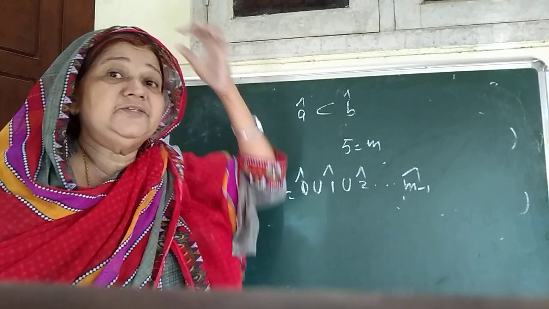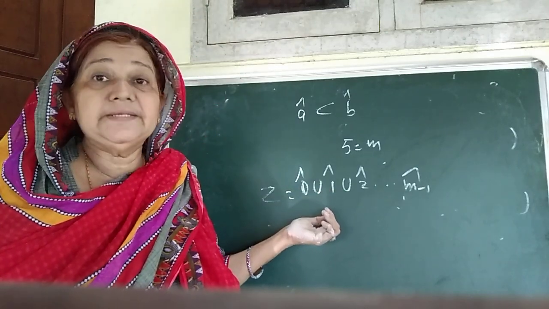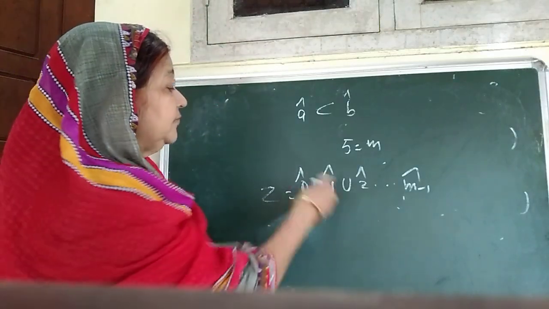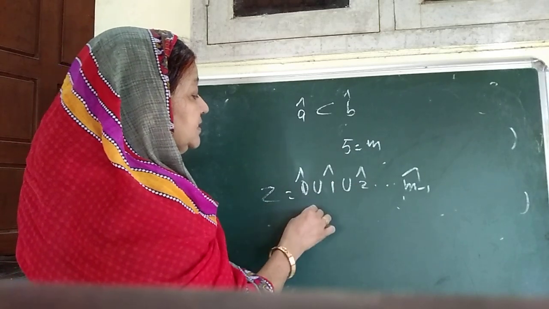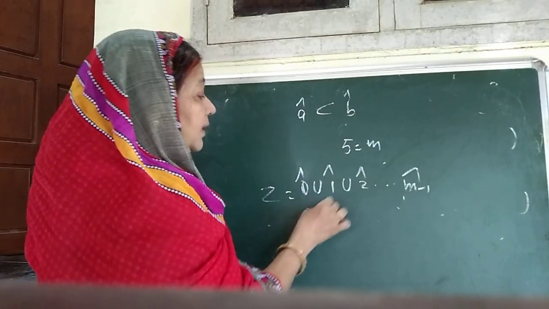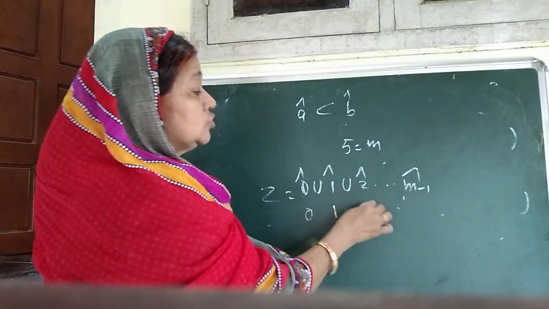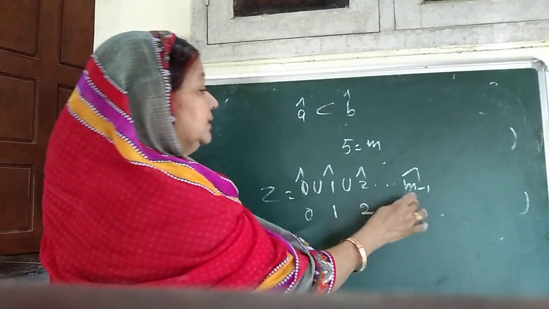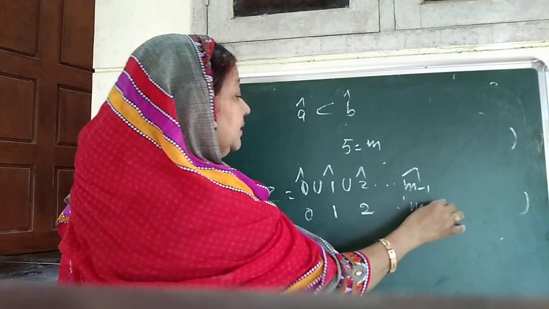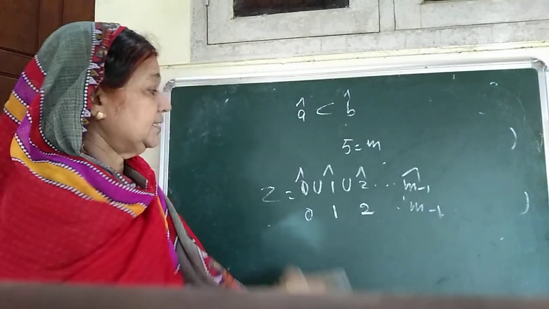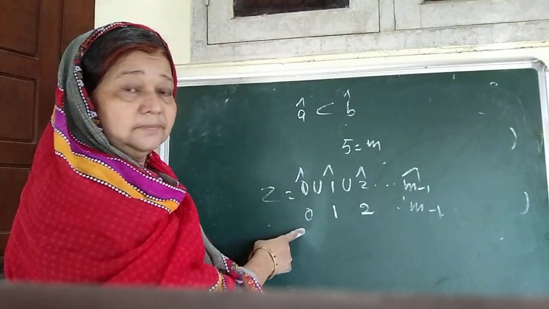This representative set is called a complete residue system. So we can take 0 here, then here we can take 1 or M plus 1, and here 2 or M plus 2, etc. Here we can take M minus 1. It is a complete residue system.